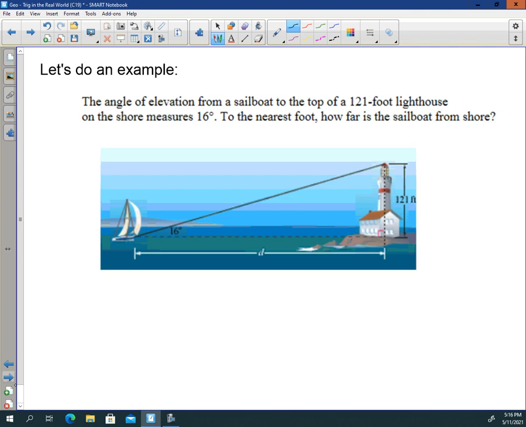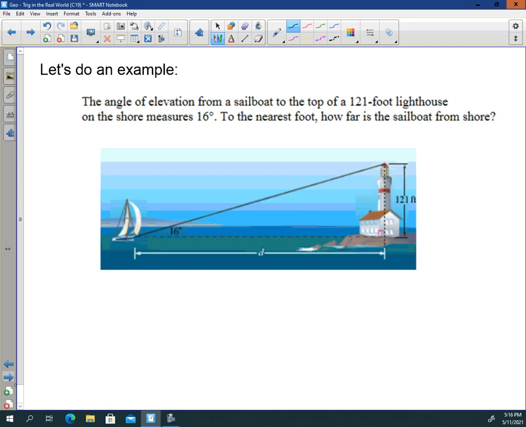And they measure that angle, and then they factor in how tall that lighthouse is. This is still a pretty handy thing in case your electronics go out.